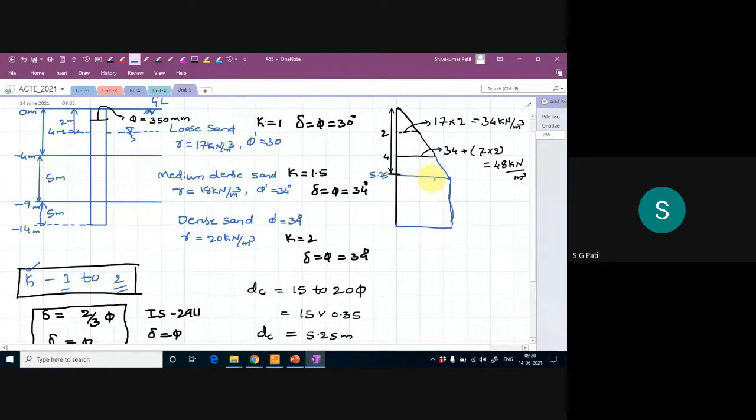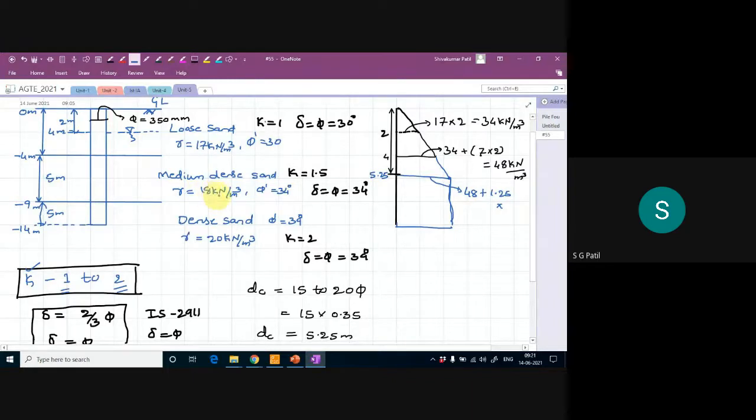So what is the earth pressure here at this level at 5.25 meter? So 48 plus, up to 4 meter I calculated. Now how much remaining? Remaining is 1.25 meter. From here to here, the length of the pile is 1.25. So 1.25 into your density. Density is 18, no? So 18 minus the unit weight of water, I will take it as 10.